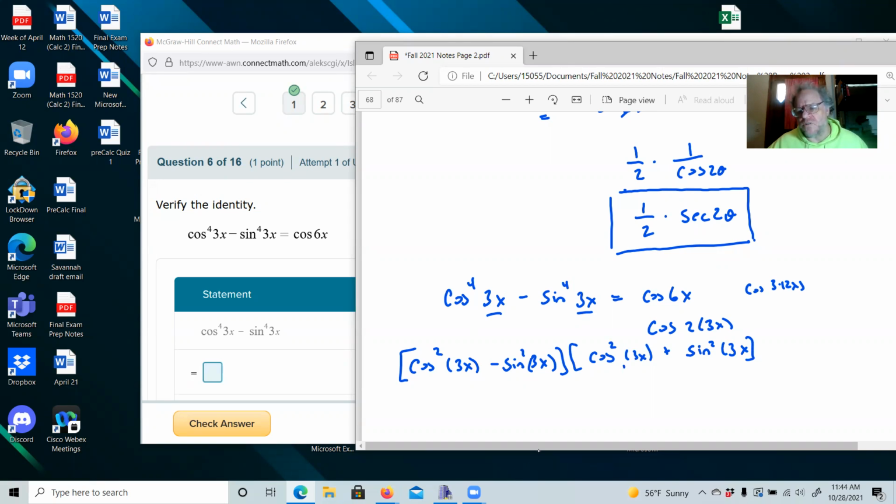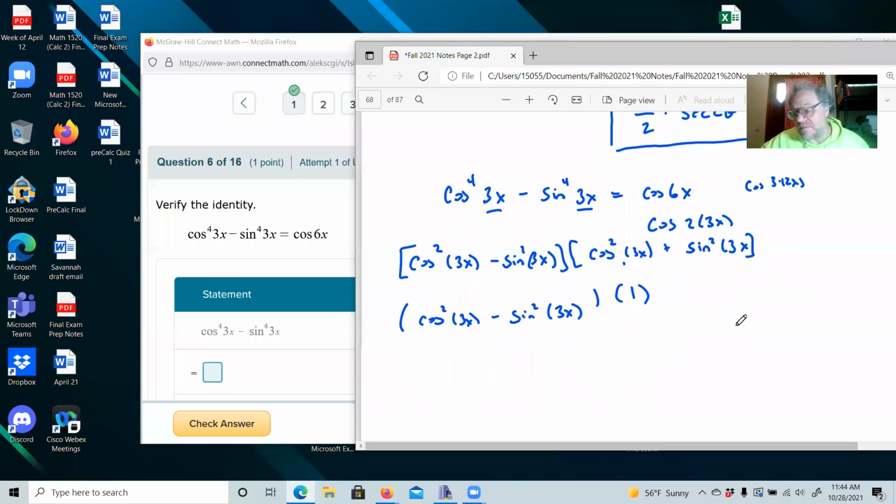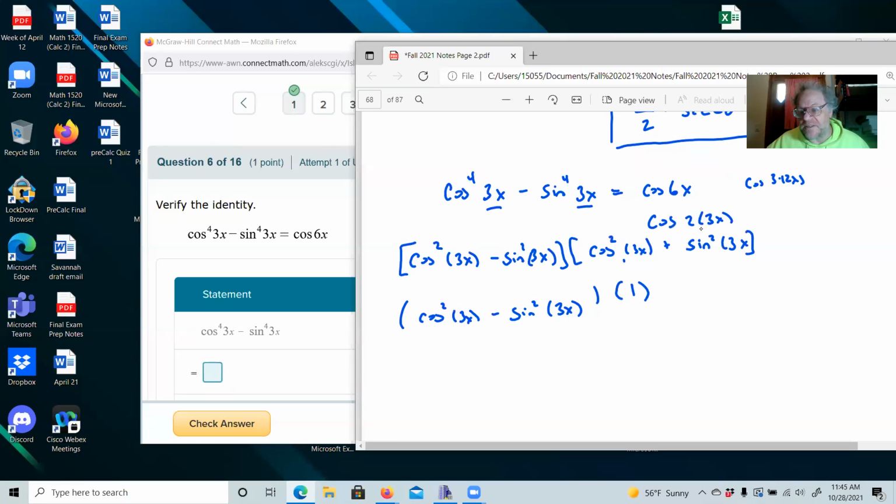What's sine squared plus cosine squared equal to? That's 1. And then we have cosine squared of 3x minus sine squared of 3x. Notice what we have on the other side here. This is cosine of twice 3x, double angle formula, which is cosine of 6x.